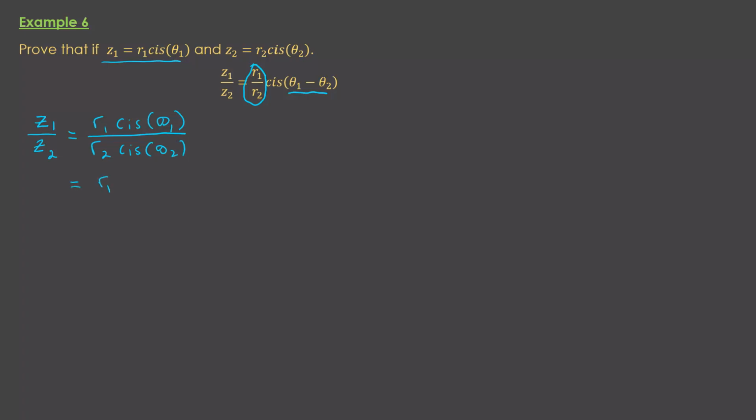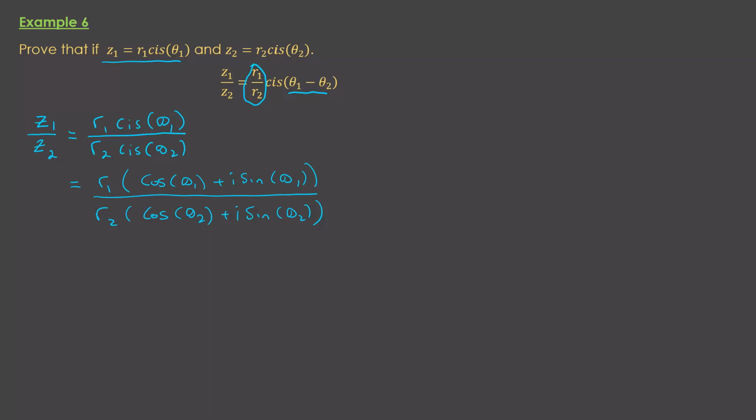And that's R1 into cos theta 1 plus i sine theta 1 divided by R2 into cos theta 2 plus i sine theta 2.